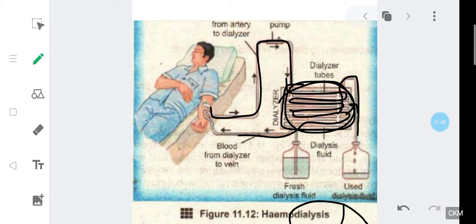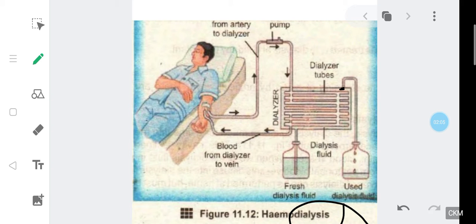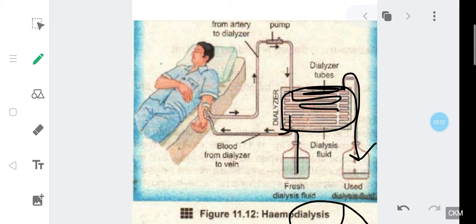Then this fluid is removed as waste material, and fresh dialyzing fluid is inserted back into the dialyzer, surrounding the dialyzer tubes, and the vein is used to put the blood back into the body. So the dialyzing fluid, which now has the waste material, is removed as waste fluid, or you can call it urine, and then the tubes are surrounded again by fresh dialyzing fluid. The clean blood is inserted back into the body through the vein.